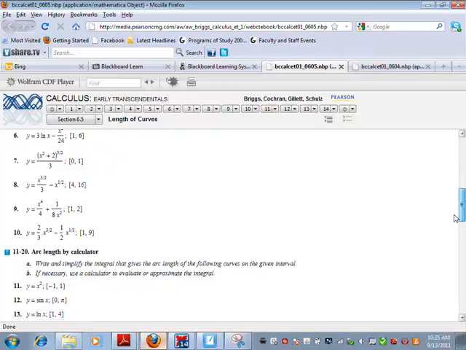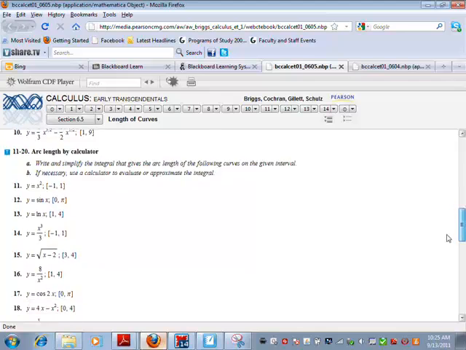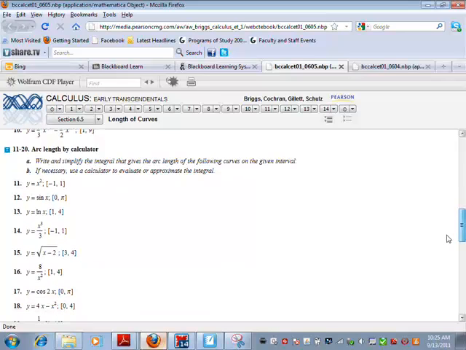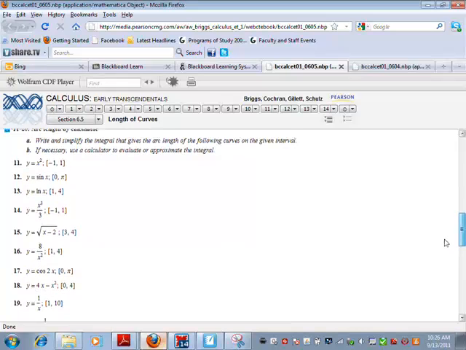Oh, we just did an absurd one. So look at 11 through 20. Look at the problem. Arclength by calculator. That's what we're talking about. The real functions that we want to know the length of, we just cannot do by hand, right? And this is one of the few sections in the whole book where it just says you're going to have to get out a calculator and figure it out. Okay.